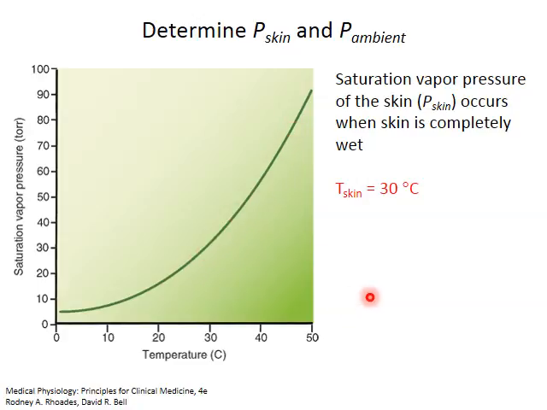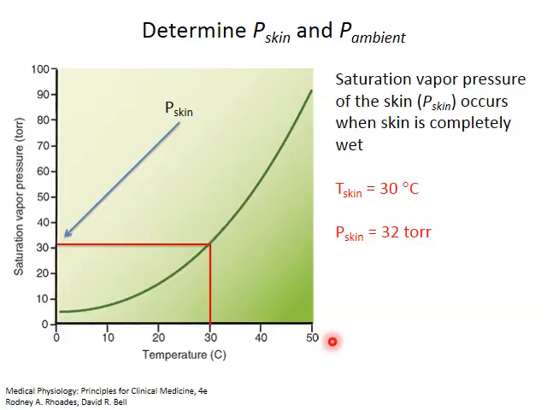Saturation vapor pressure refers to the vapor pressure produced from skin that is completely wet or from air that is completely saturated or at 100% humidity. So we know that the temperature of the skin is 30 degrees Celsius. We can use that information to determine that the saturation vapor pressure for skin that is 30 degrees Celsius is 32 torr.